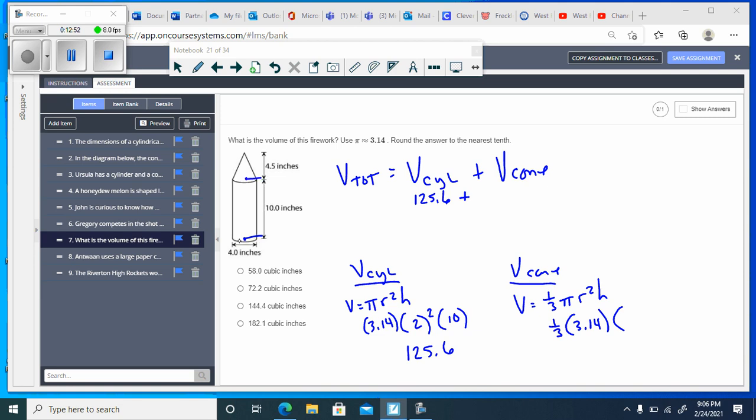Halfway across, if it's 4 all the way across, half that is 2 squared, and the height for the cone is 4.5. So 3.14 times 2 squared, which is 4, times 4.5, and then we divide that by 3, and that gives me 18.8.